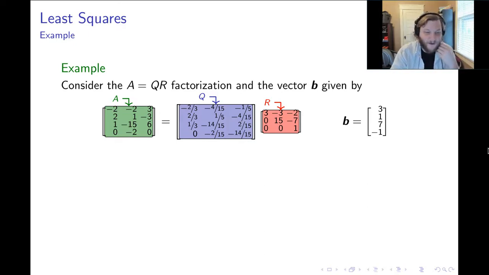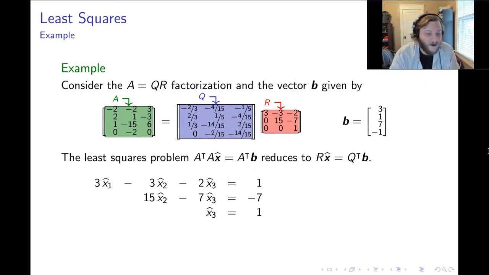But I don't want to do that here because I have a QR factorization, which makes my life a lot easier. So the original least squares problem reduces to R times x hat equals Q transpose times b in this situation.